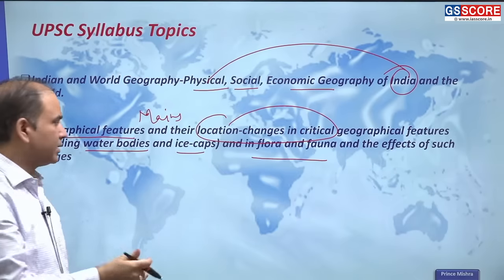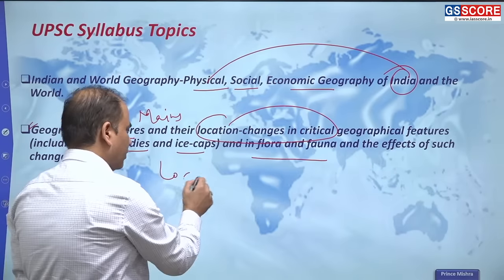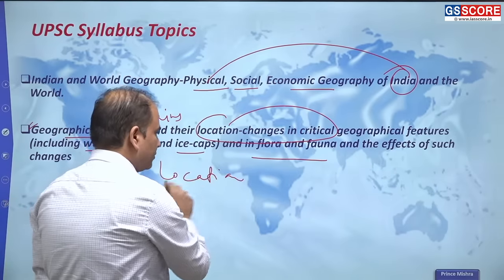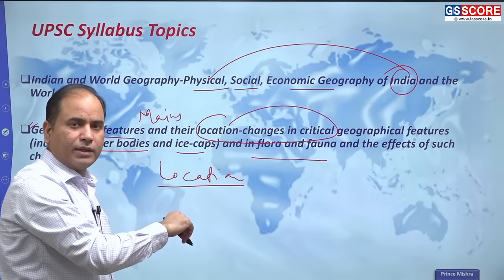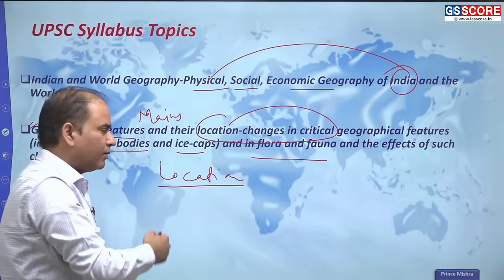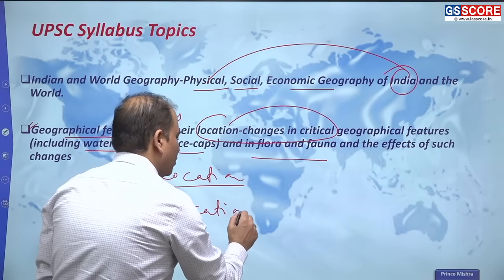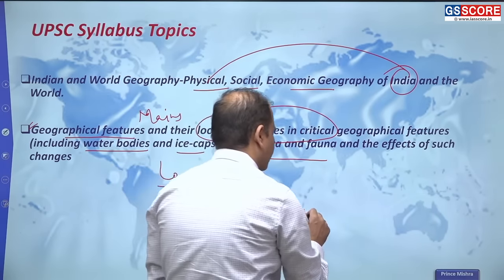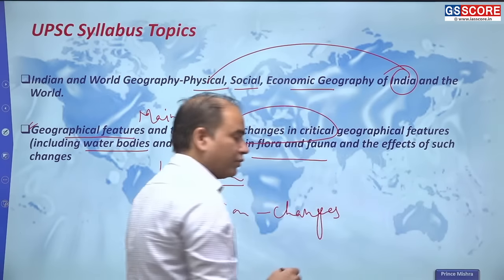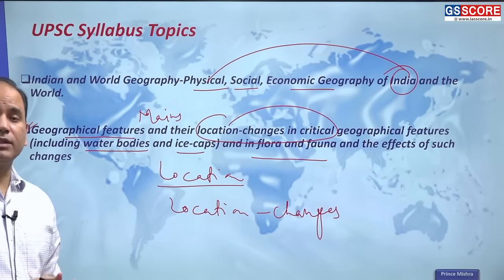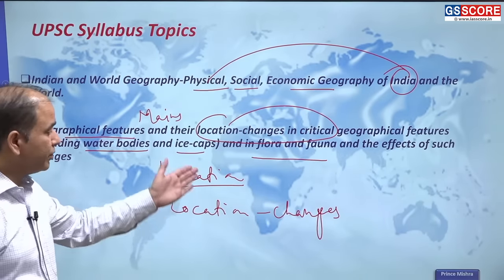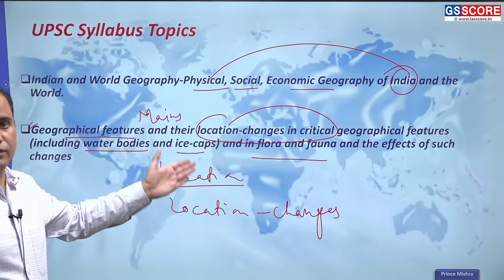Related to those topics, you need to focus on the location of those topics, and along with that, you also need to focus on location changes. If there are some phenomena, some features which are changing their location, you need to know it, you need to learn it.